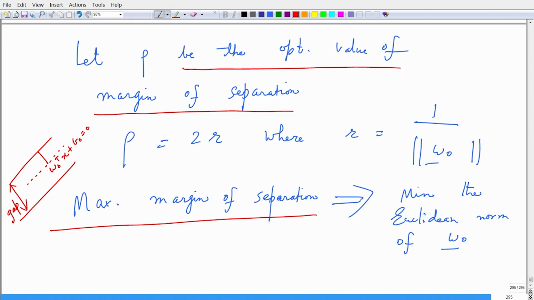Why should I maximize the margin of separation? Imagine you have a noise cloud. Let us say you had some x's here, some circles here possibly. If I have noise, some of these points can come into this region and some of these circles can go back into this region. So I have these blue circles and these blue crosses.